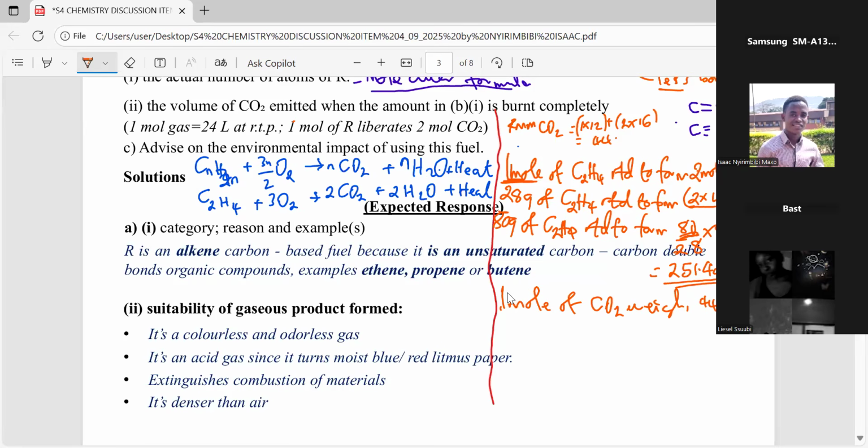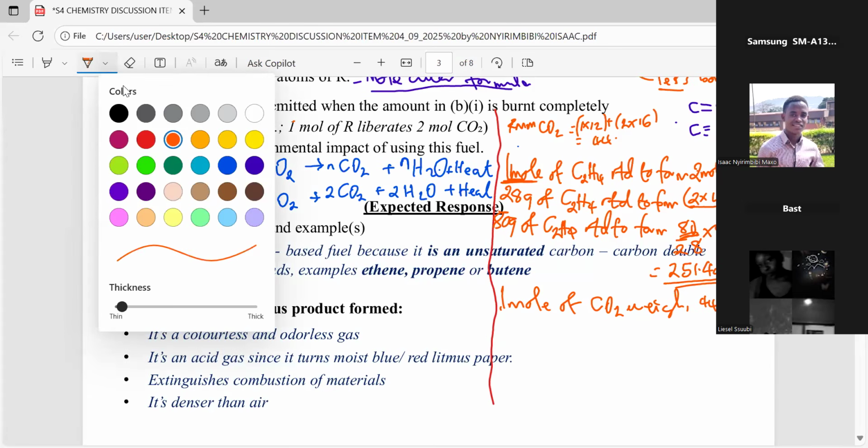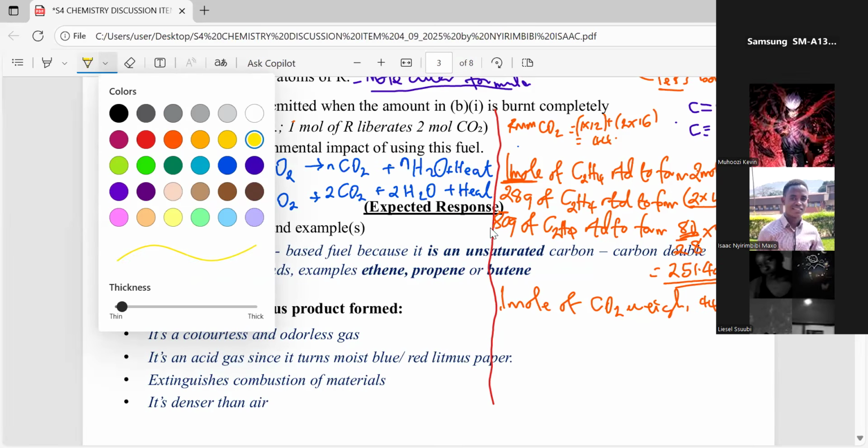So we divide the current mass by 2 to get the mass of 1 mole. So we get 251.4 and then we divide it by 2 to get 125.